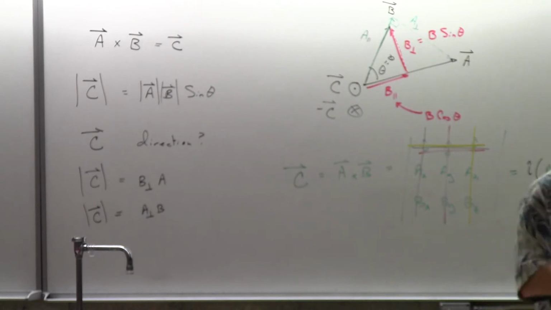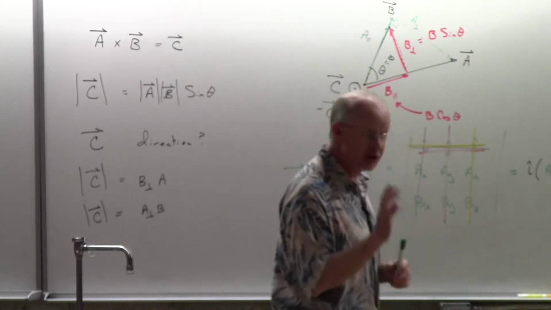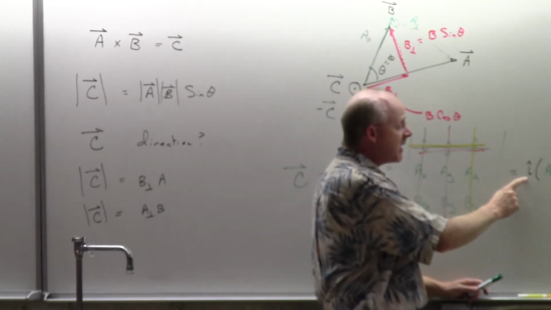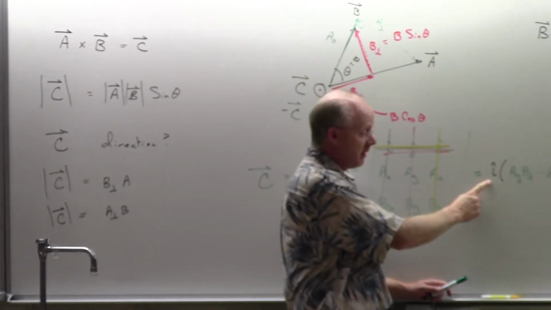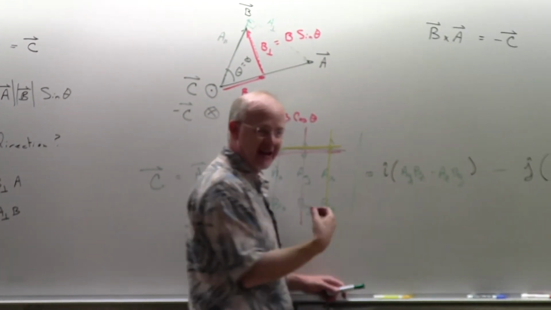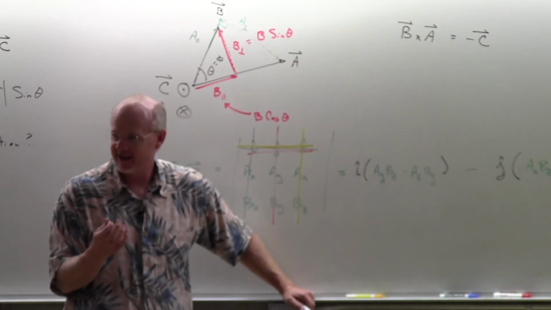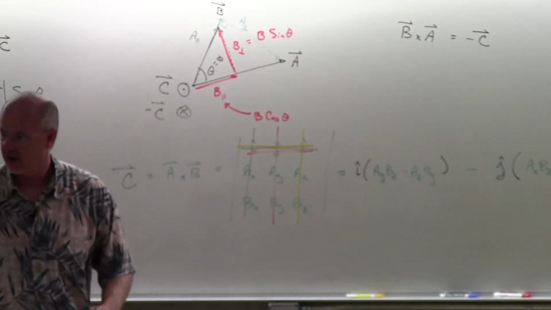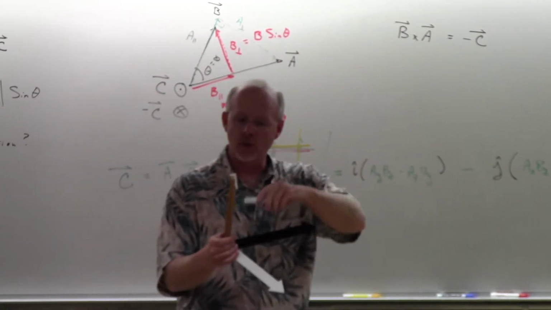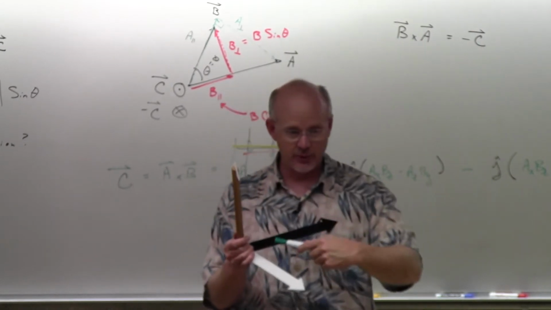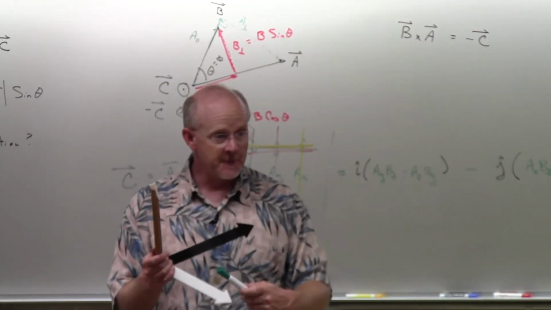I want you to see two things. The first one I want you to see is, notice, the X component is not made out of X components of the vector, right? That's this cross product thing. Did you notice that when you take a cross product, the result is perpendicular to the other two?